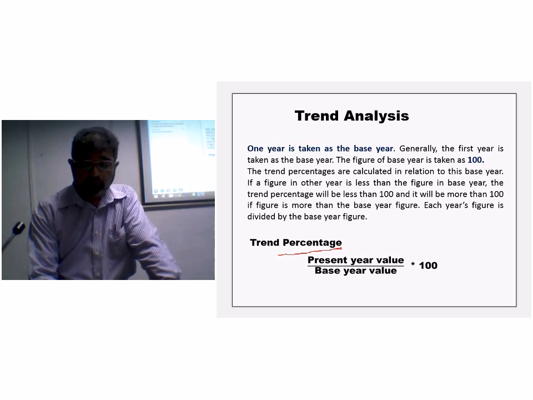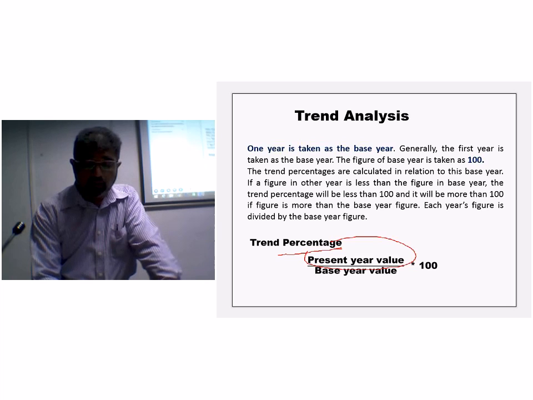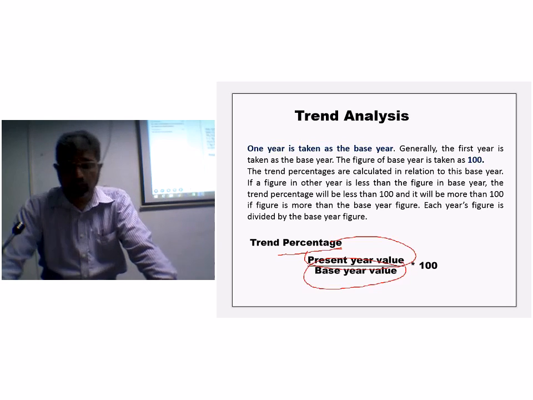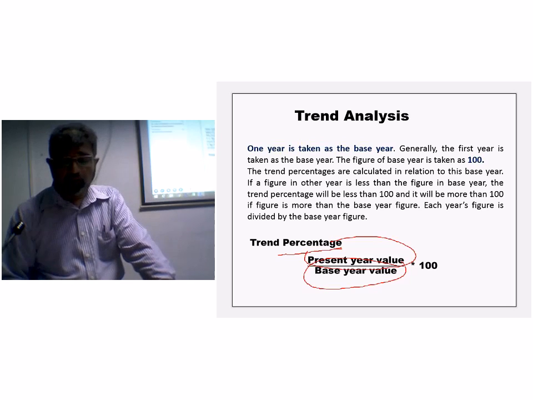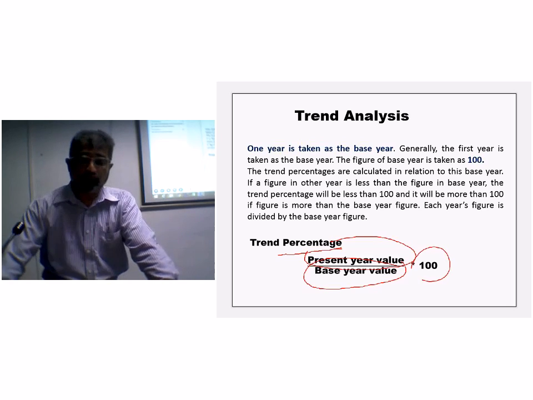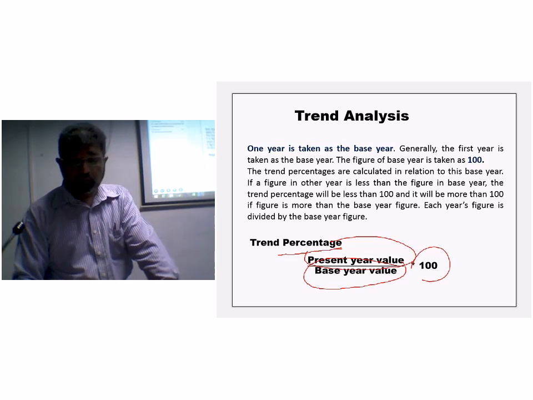Now this is the relevant formula. The trend percentage, or trend index, you can take from the current value of the particular variable, divide this by the base year value, and multiply this by 100. Then you can convert it into the trend value, right?